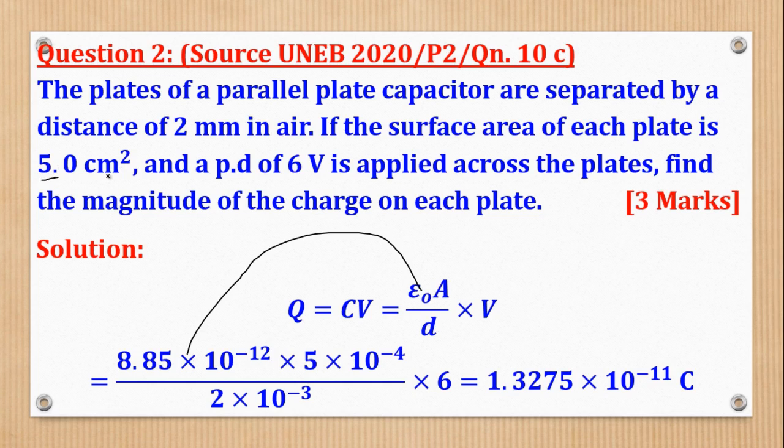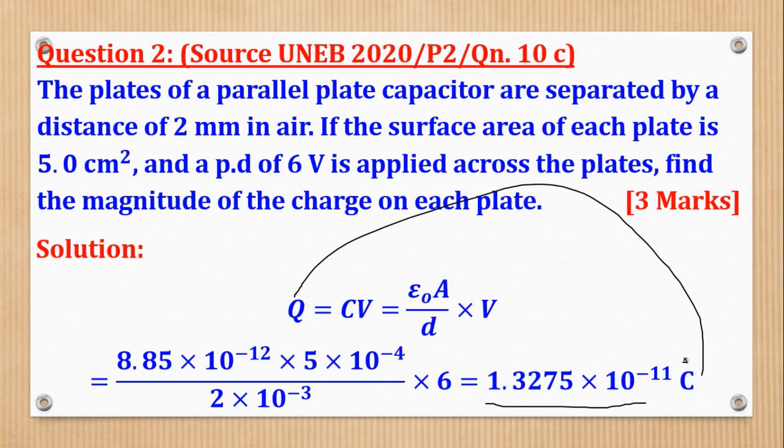Area, it was here, it should convert to meters squared by multiplying by 10 power negative 4. Then D, it was here, converted to meters to give you this. Then V, it was here, so substitute for V. When that is done, use a calculator and you'll come up with this as the answer. The SI unit for charge is coulomb.